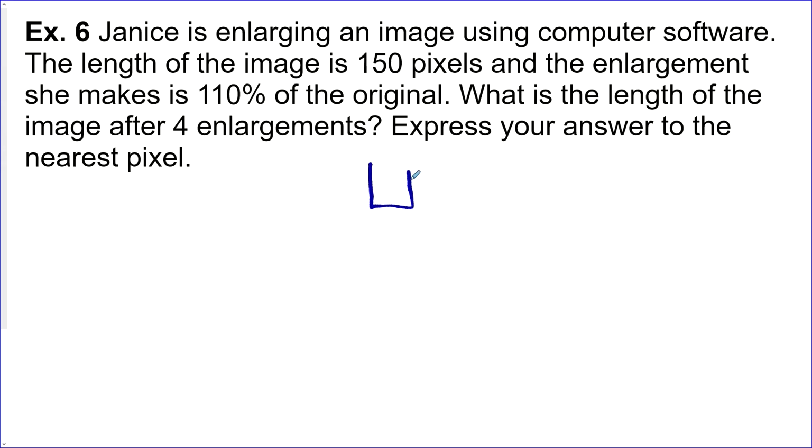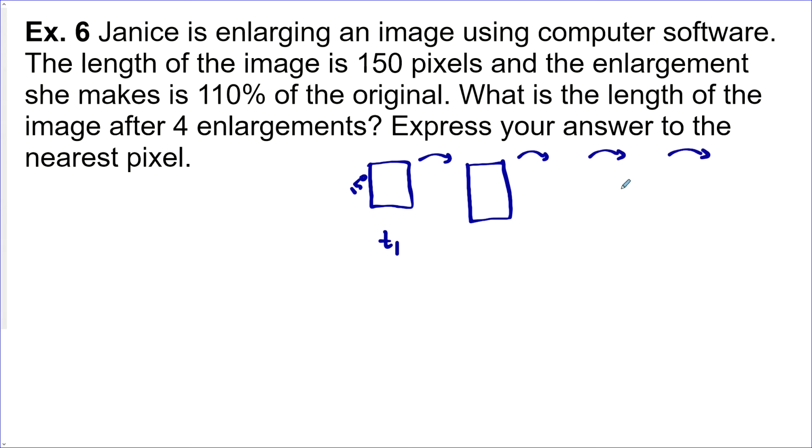Here's, say, her image at first, and it's got a length of 150 pixels, and this will be our first term. Now she's going to enlarge it so that it's a bit bigger, and that's the first enlargement. She's going to make 4 enlargements, so that's 1, 2, 3, and 4.